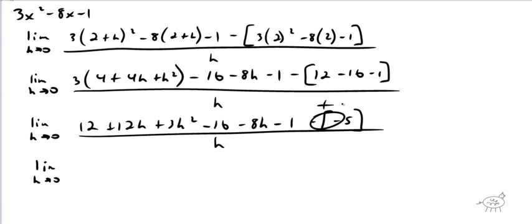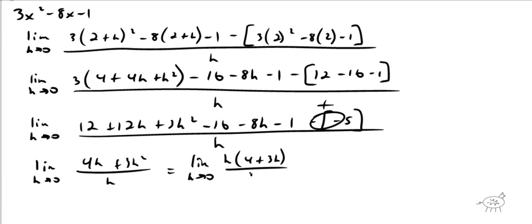Sweet! So 12h minus 8h is 4h. So 4h plus 3h squared over h. And then, of course, limit as h approaches 0, factor out an h, so 4 plus 3h over h, that cancels, and I get 4 plus 3 times 0, which is 4.